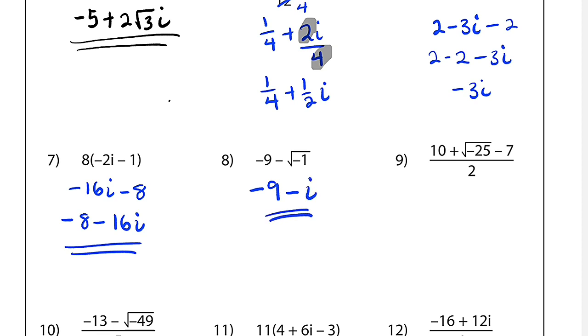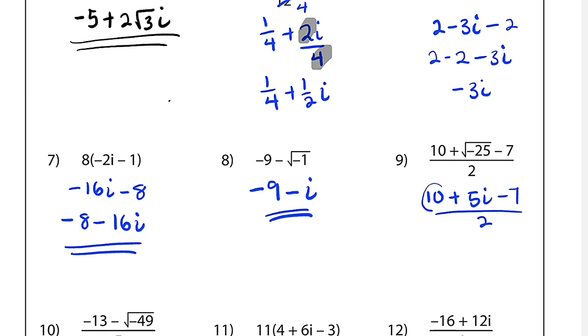Question number 9, we have 10 plus square root of negative 25 minus 7 divided by 2. Let me simplify the numerator first. The numerator we have 10, then plus square root of negative 25 will give us 5i. So we have 5i here minus 7 divided by 2.